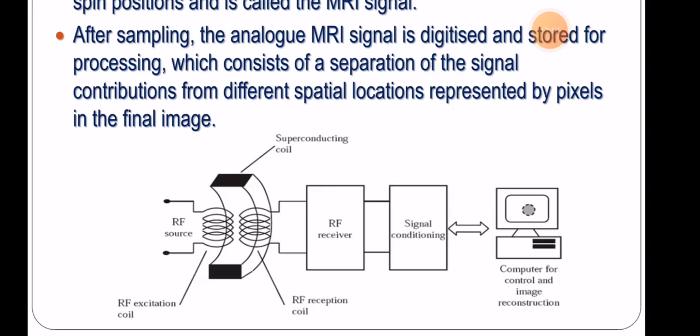Both the coils are situated against each other. When the RF excitation is given, the excitations are received there, and then the radio frequency receiver is there, then signal conditioning, and there is a computer for control and image reconstruction also.